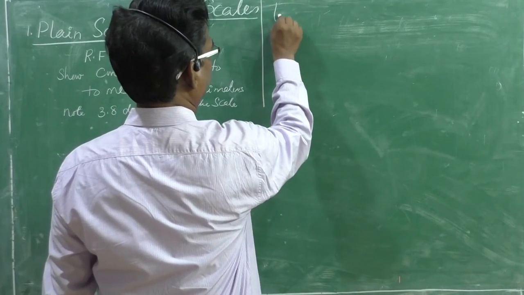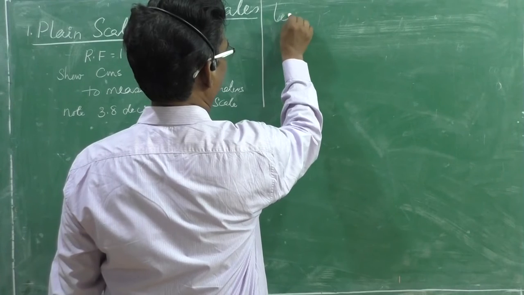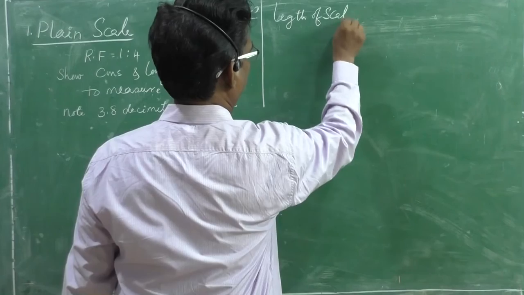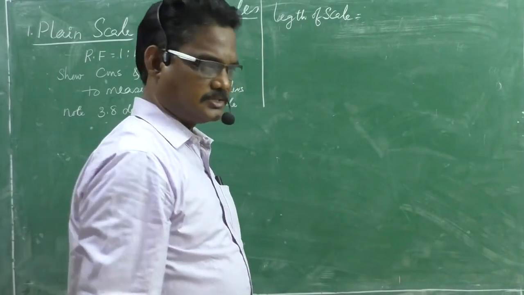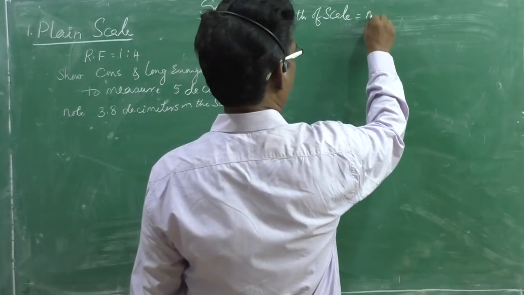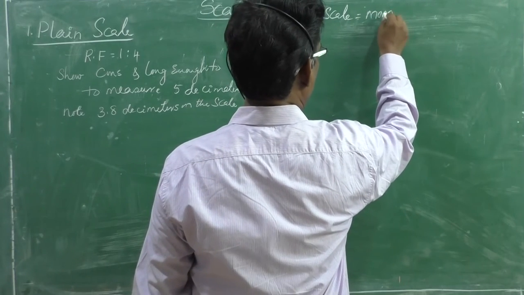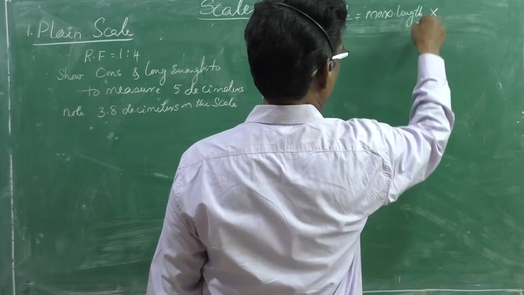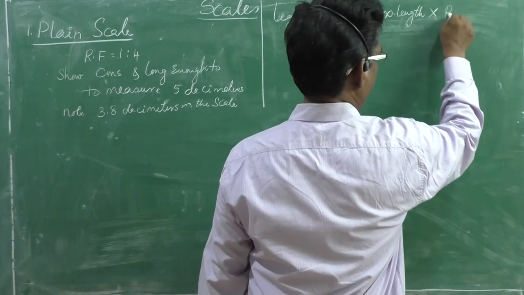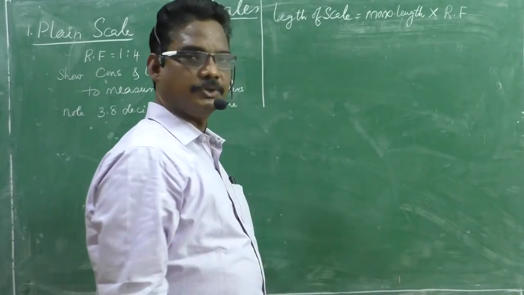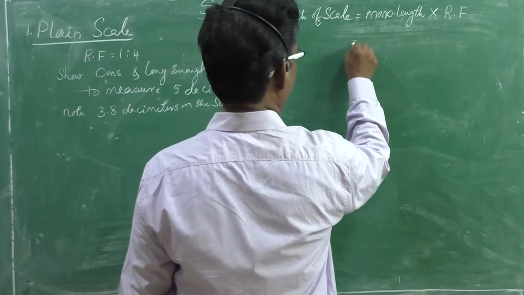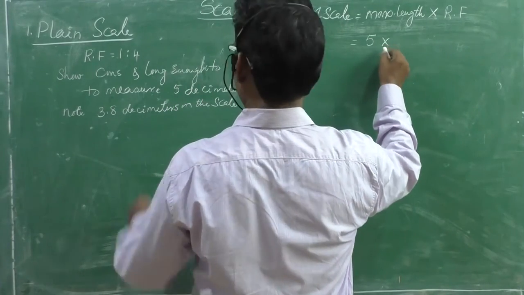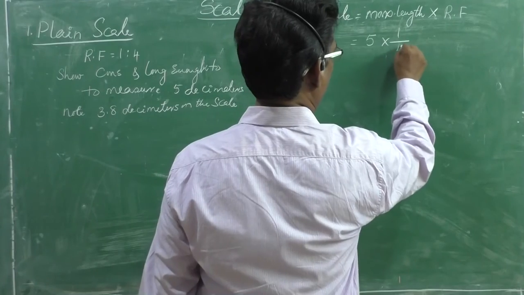First, the length of the scale we need to calculate. Length of the scale is equal to maximum length of the object into RF, representative factor. Now maximum length is 5 decimeters, into RF equal to 1:4.